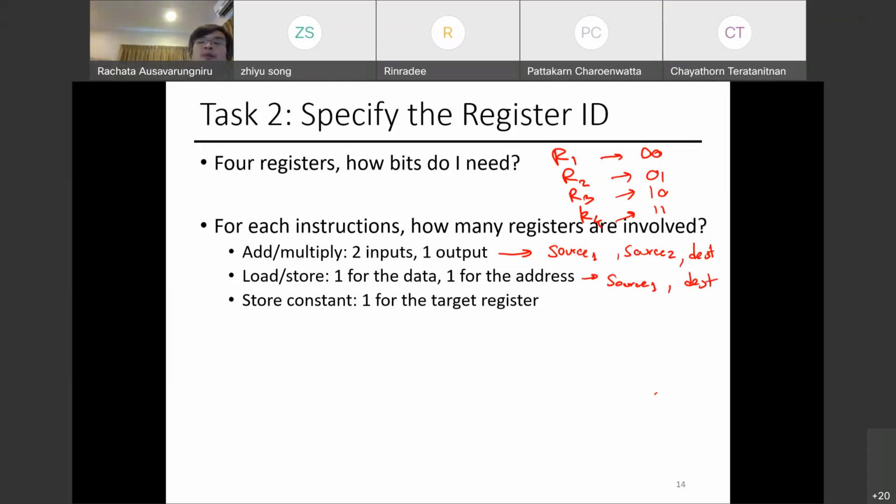The destination is where you want to store, and the source is the address in memory. The destination is whatever register I want to store it in. And for the constant, only the destination matters, the register I want to store the constant in. All right, with me so far? I need 2 bits for the register ID in my instruction.